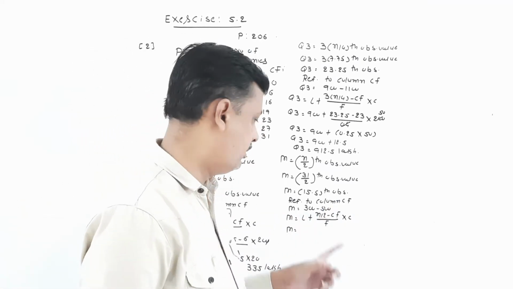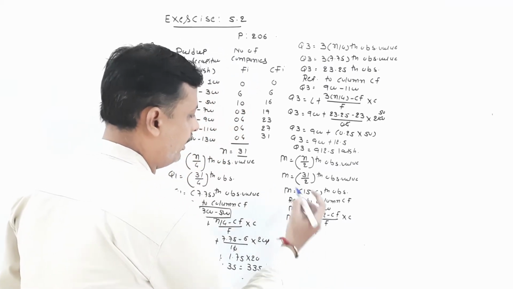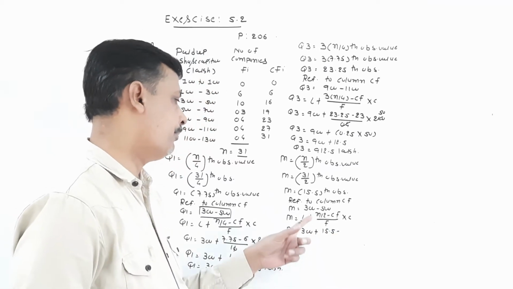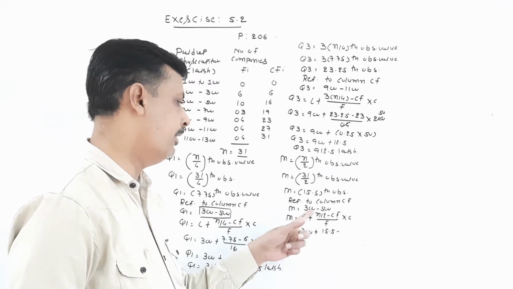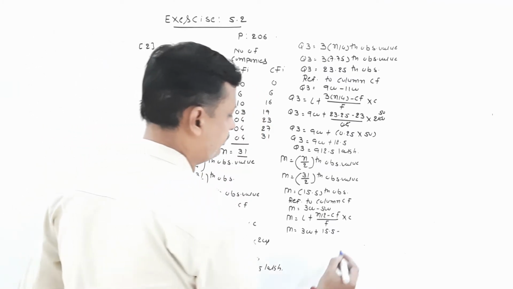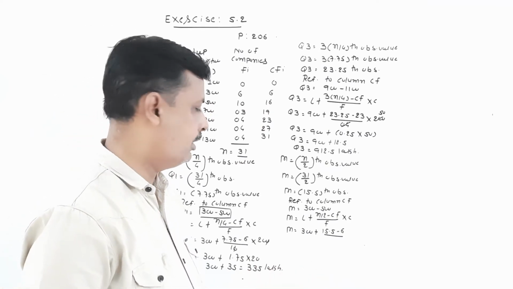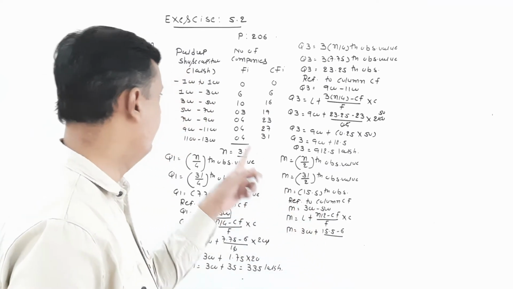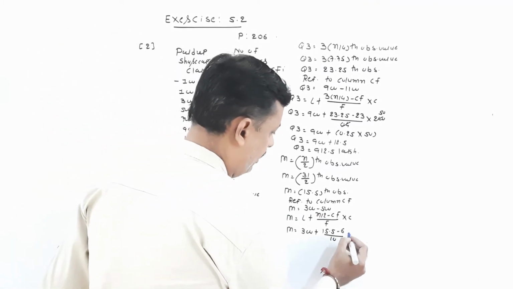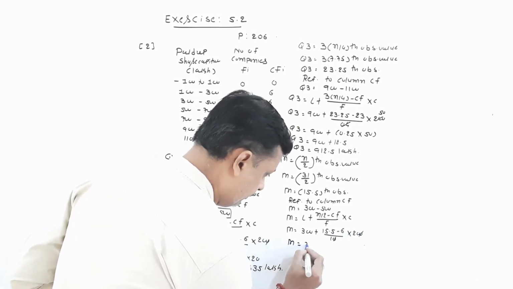L for lower limit, that is 300. N by 2 is 15.5. CF, median class 300 to 500, prior class CF is 6. F for frequency of median class, the class is 300 to 500, its frequency is 10, and C is equal to class length 200.